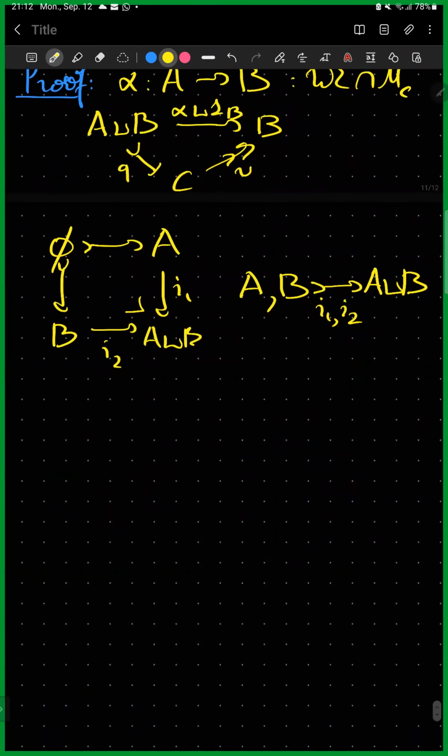Now we see that the compositions Q I1 and Q I2 are both weak equivalences. Why is that?